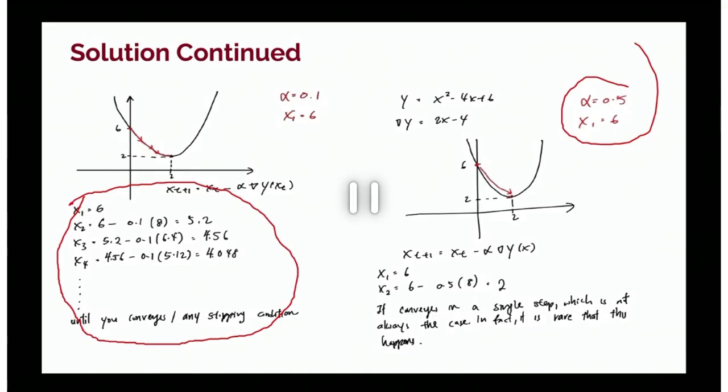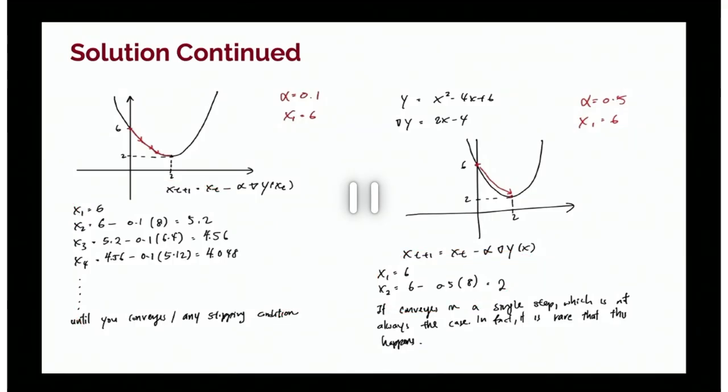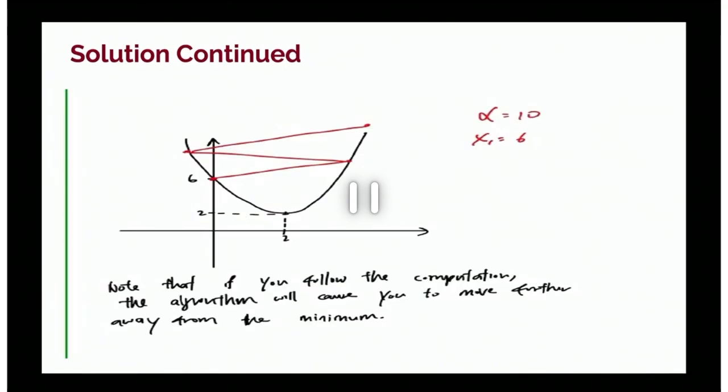When I choose alpha to be 0.5, just one step, it converges, because when I go for the next step, it's going to be the same value. And when you choose a bigger value, when you choose alpha equal to 10, it doesn't converge. Which means the step size matters.